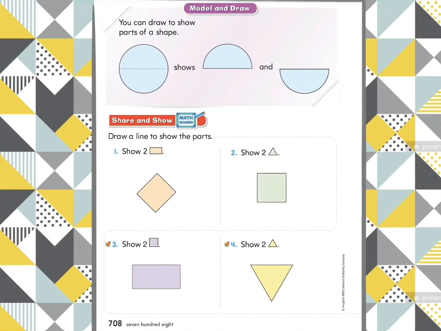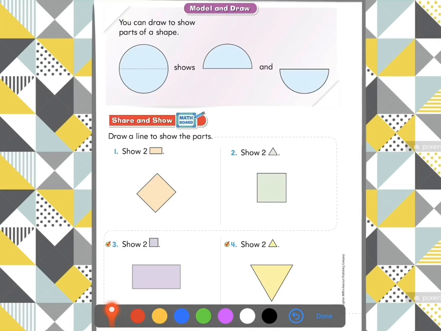It's time to work in our math book, page 708. Here they show us that we can draw to show parts of a shape. What can we draw here? Yes, we can draw lines in the 2D shapes to make new shapes.